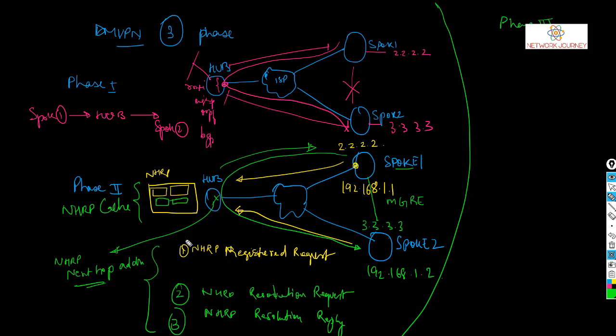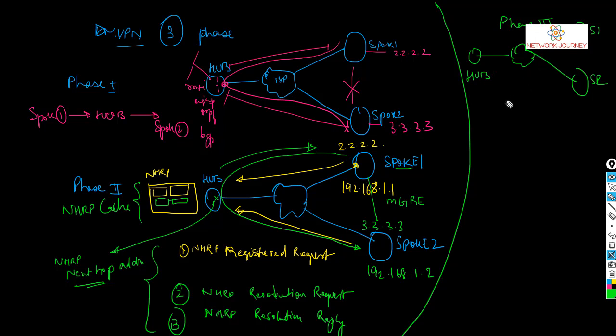So what happens in the case of phase 3, with spoke 1, spoke 2 and the hub? We don't care who the next hop is. We just send some packets first.